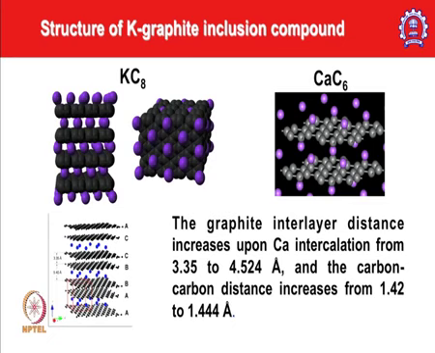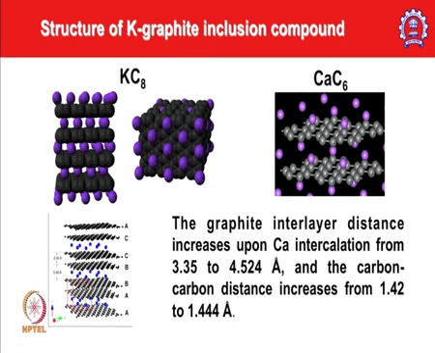If you see carefully in the second diagram here, these purple color spheres are representing potassium. You can see it is sitting on one layer on 4 carbon atoms.